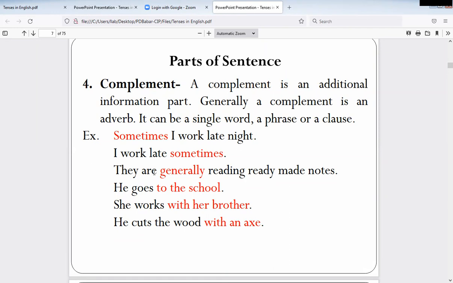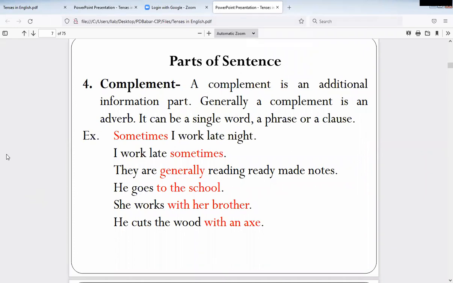So here they is the subject, are reading is the verb, and generally is the adverb which is used in between the auxiliary verb and main verb. So generally here is the adverb, and they are reading ready-made notes. So ready-made notes is called the object, okay.